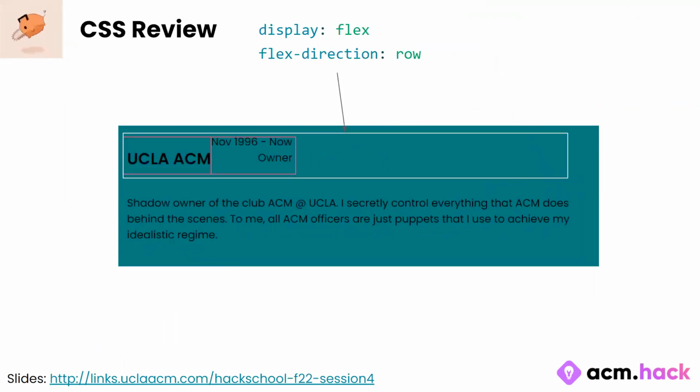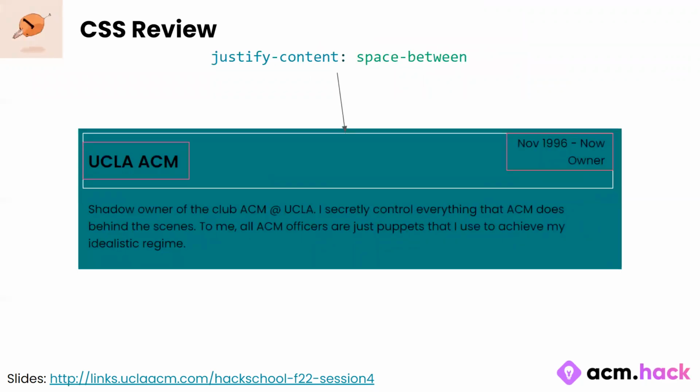So we can apply a display flex direction row to this box, and they become on the same row now, which is good. Problem now though is that they're stuck together, and this calls for the justify content property to make everything space between.